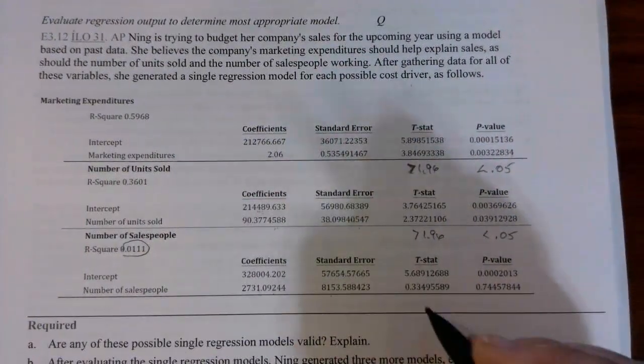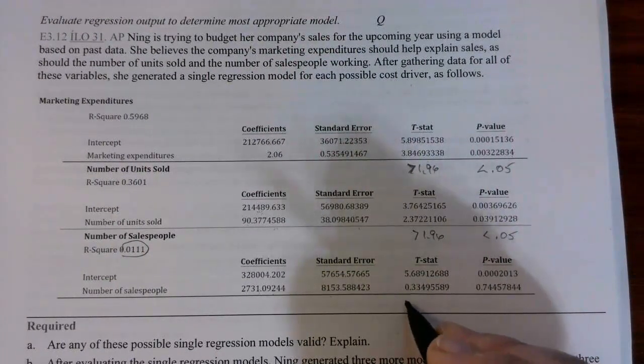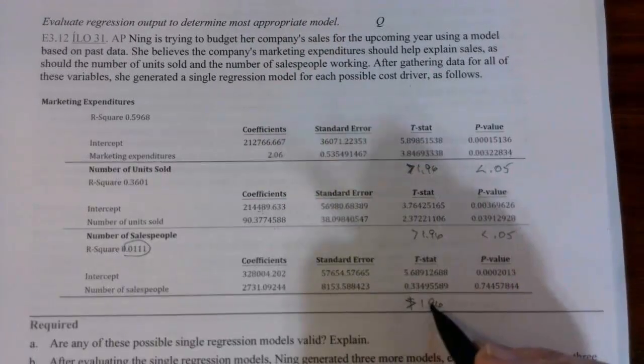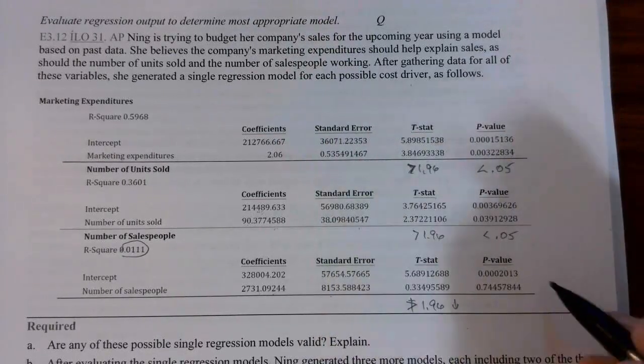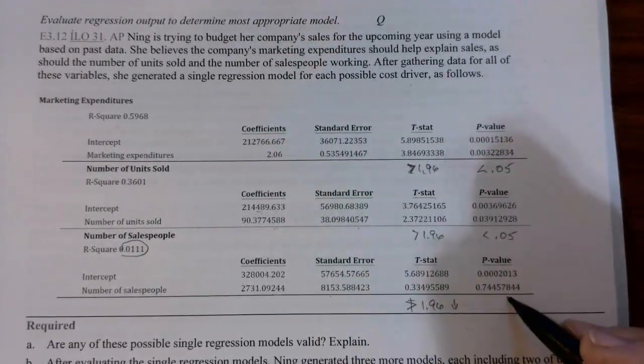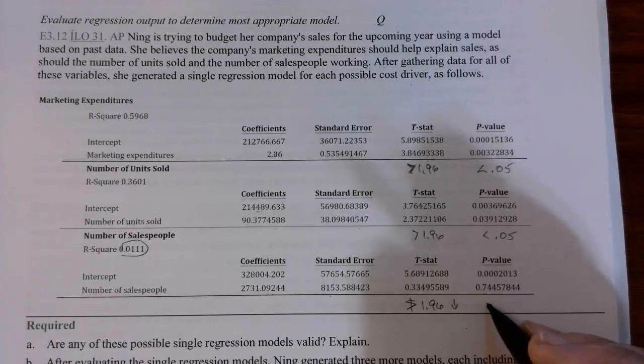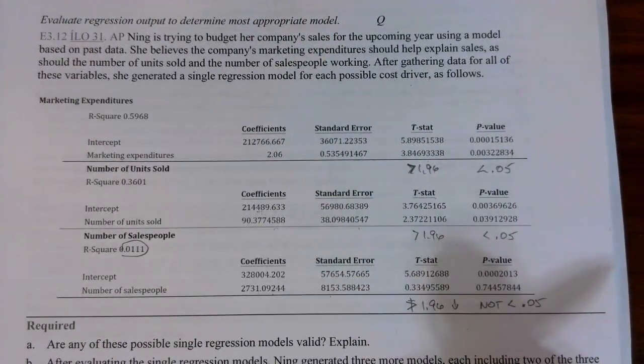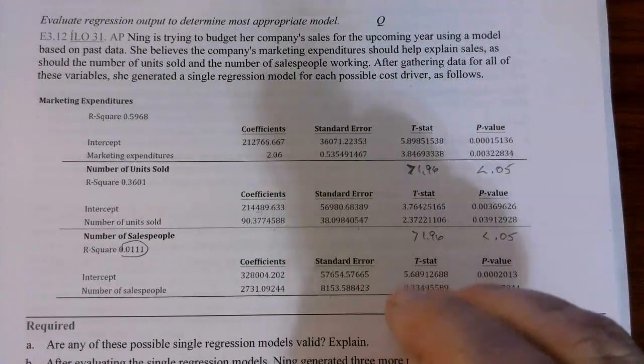The t-statistic is not greater than 1.96, and the p-value is 0.74, which is not less than 0.05.